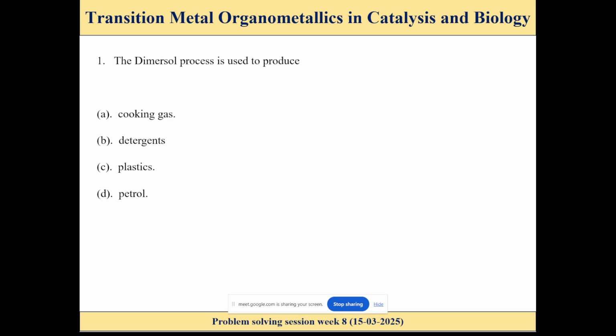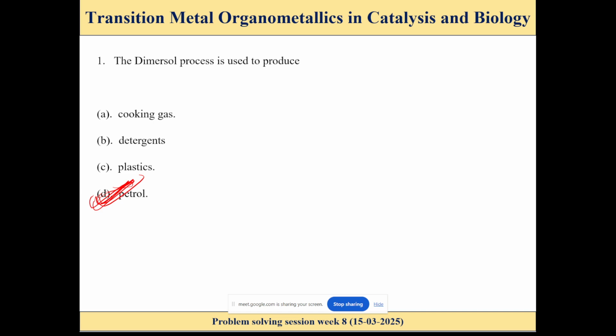In this process we produce branched hexene, and when that branched hexene is hydrogenated, that is reduced, it produces petrol. So the dimersol process is used to produce petrol. So option D will be the right answer for this question.